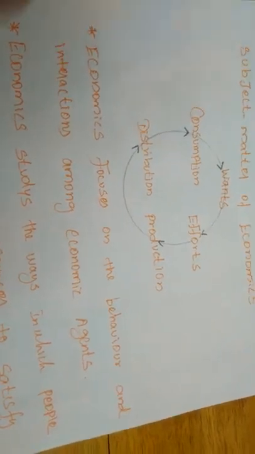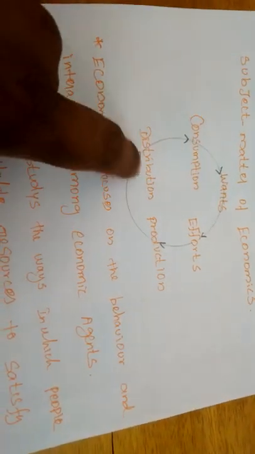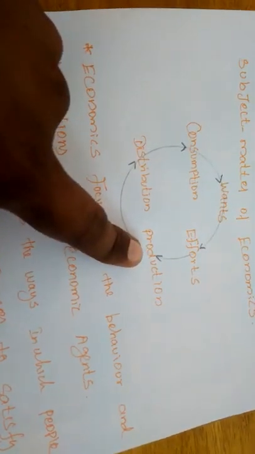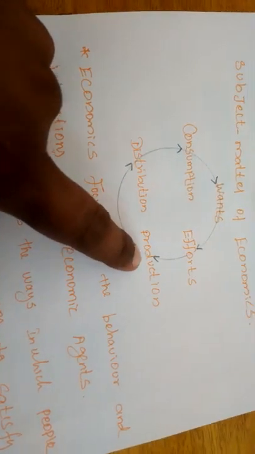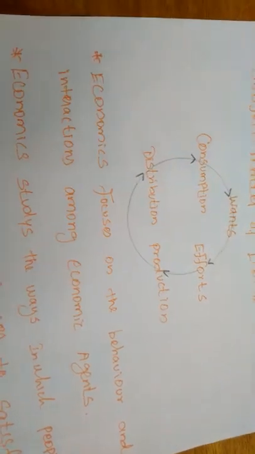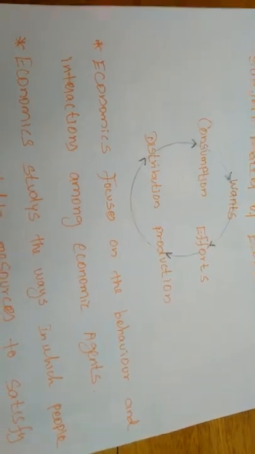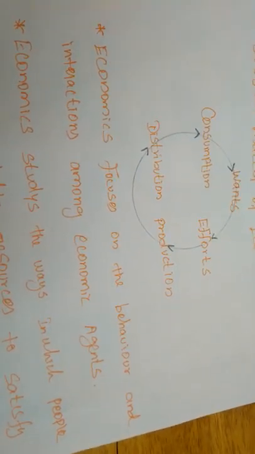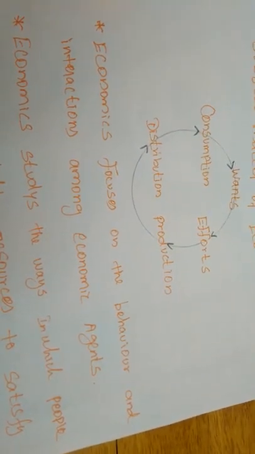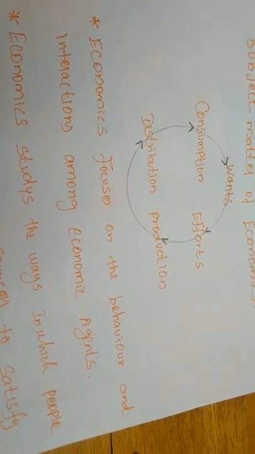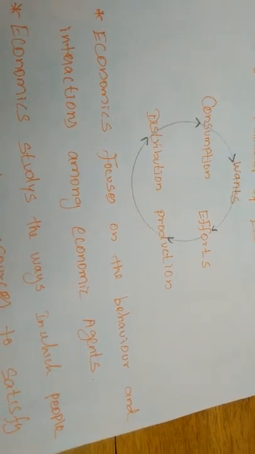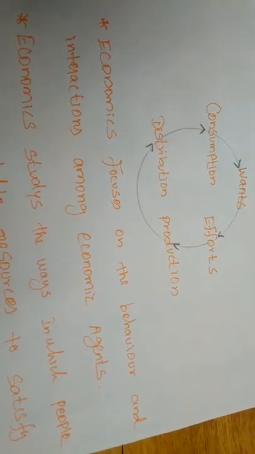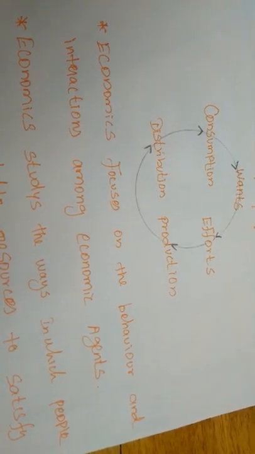Not only that, some channels of distribution and efforts are taken by the producer to produce enough commodities by having the factors of production. When adapting the factors of production to produce enough commodities, he makes one more effort, that is the distribution of income among the factors of production. The factors of production mean land, labor, capital and organization, right?